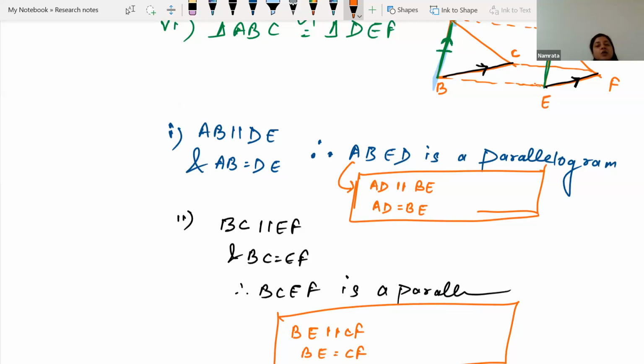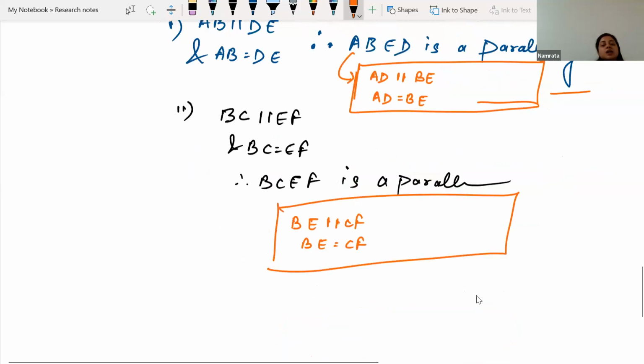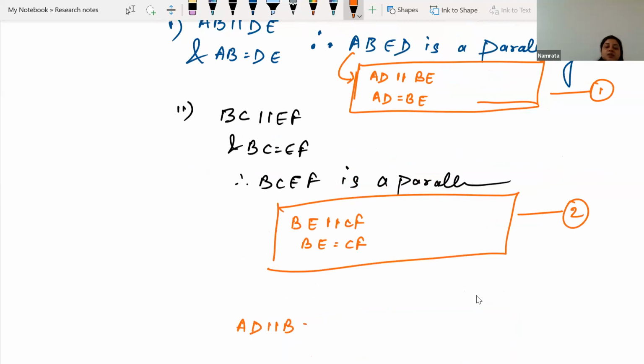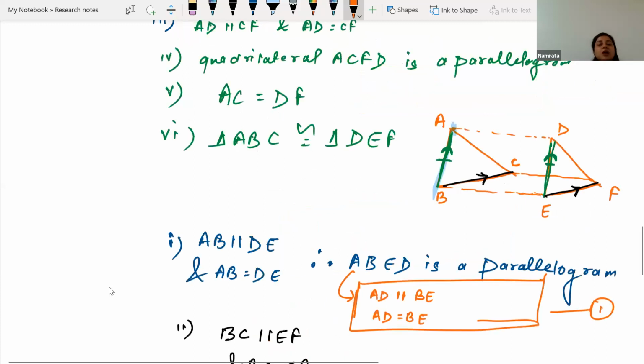Now from equation 1 and equation 2, if you compare, we can say that AD, BE, CF all are parallel. And we can also say AD, BE, CF all are of the same length.